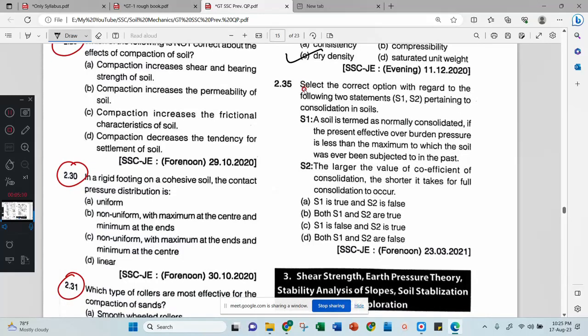Interesting. The soil is termed normally consolidated if the present effective overburden pressure is less than the maximum to which the soil has ever been subjected in the past. Correct answer?